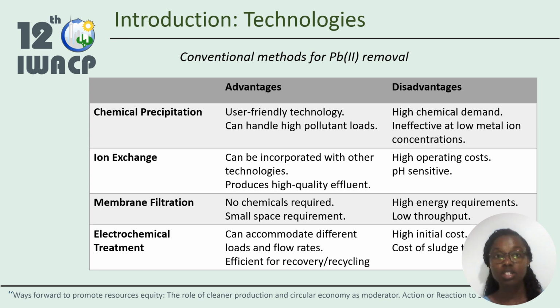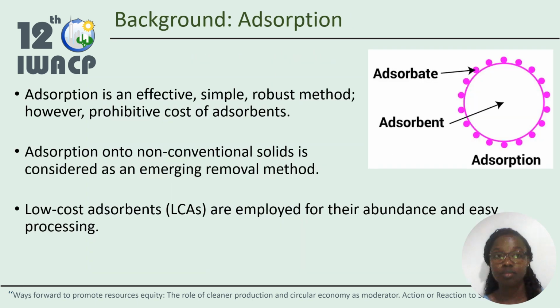Various conventional techniques are used for lead remediation. These include chemical precipitation, ion exchange, membrane filtration, and electrochemical treatment. These methods have drawbacks, which range from their high operating costs to high chemical demand. Adsorption is regarded as a desirable option as it is an effective, simple, and robust method.